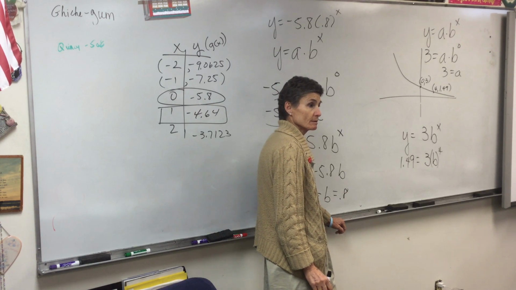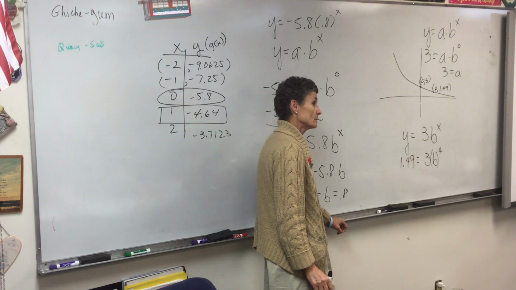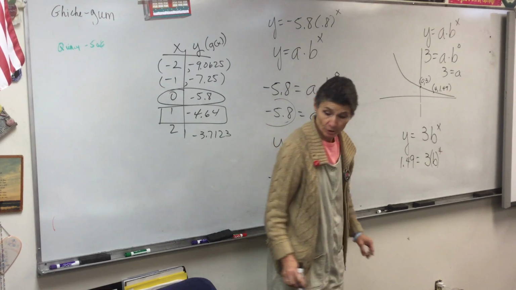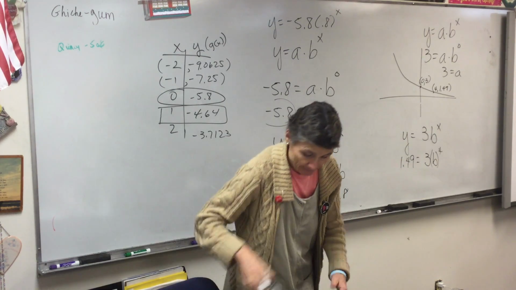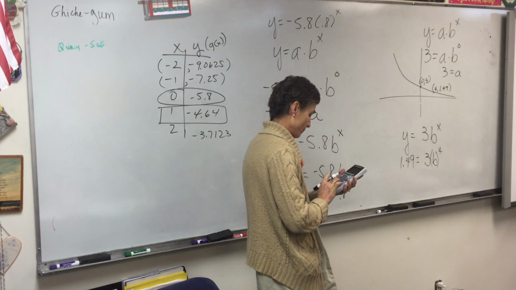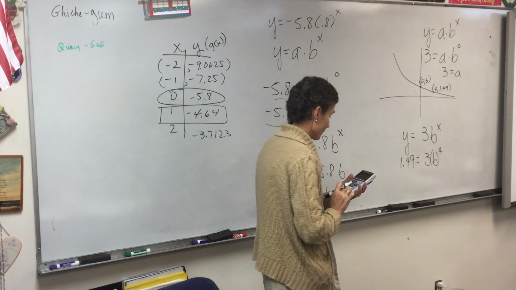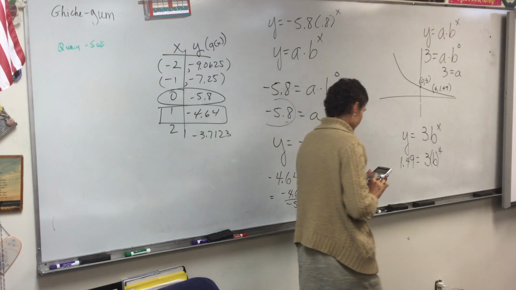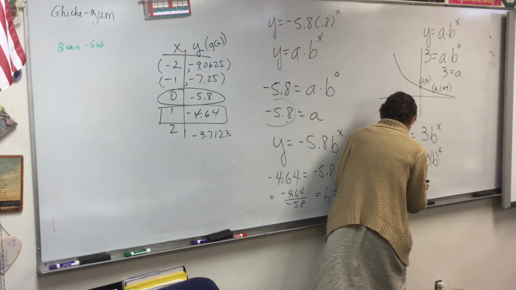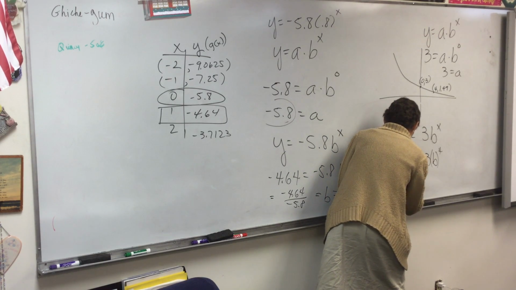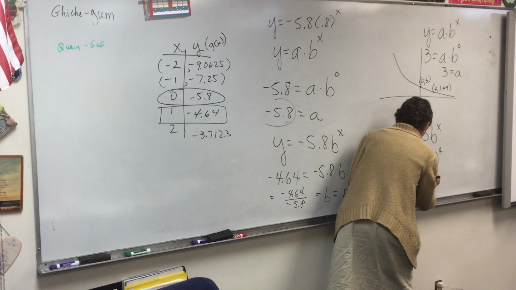Oh my goodness. This is hard. What do we do? Divide. So first thing we're going to do is divide by 3. Oh gosh. 0.4967.